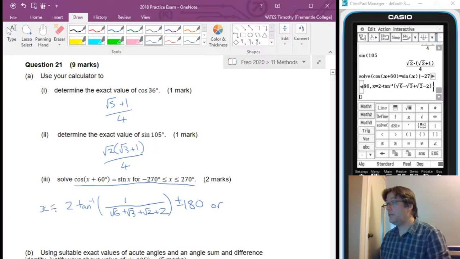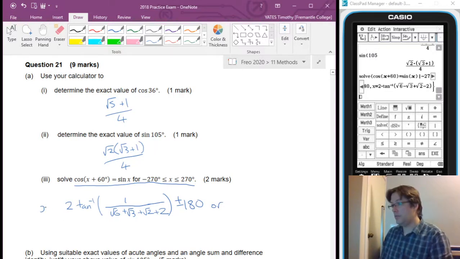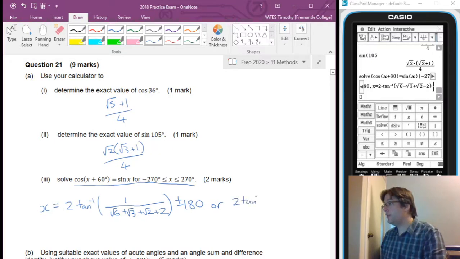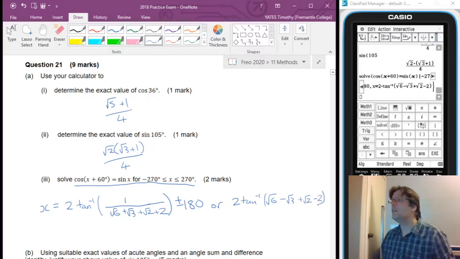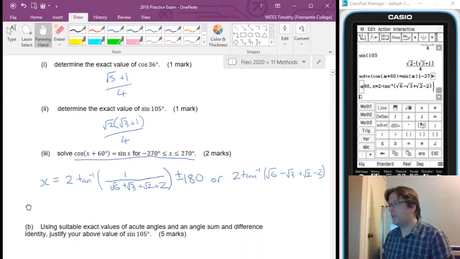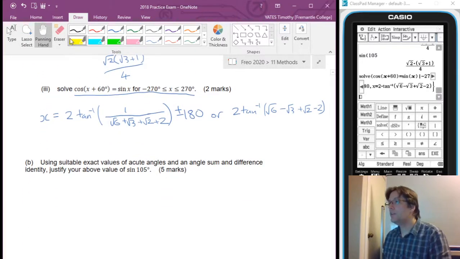So x equals that, or it's going to be 2 tan to the negative 1, root 6, take root 3, plus root 2, take 2. So it's a bit complicated writing that all out, but it's 2 marks for basically showing that you can use your calculator. So, using suitable exact values of acute angles, this is 5 marks.